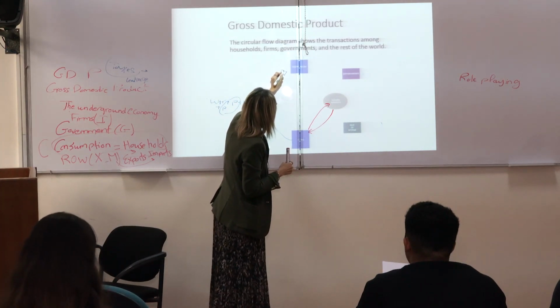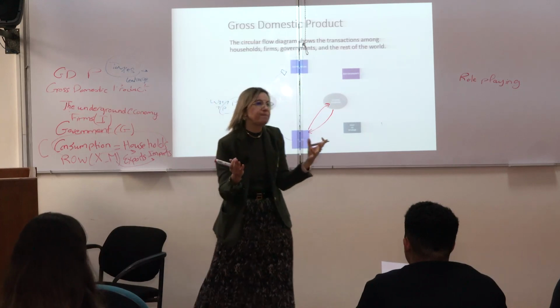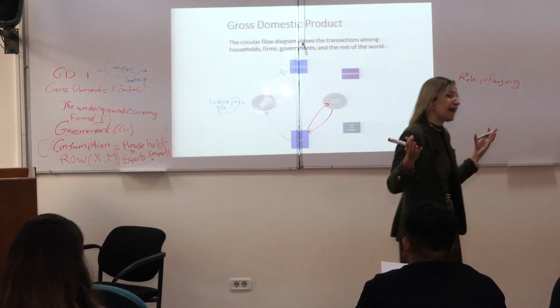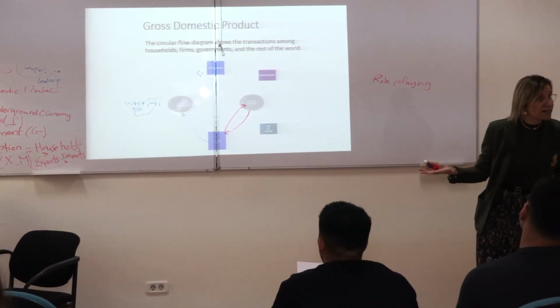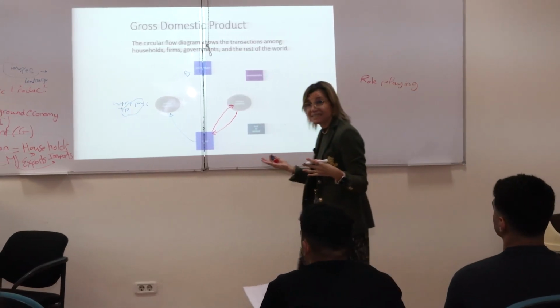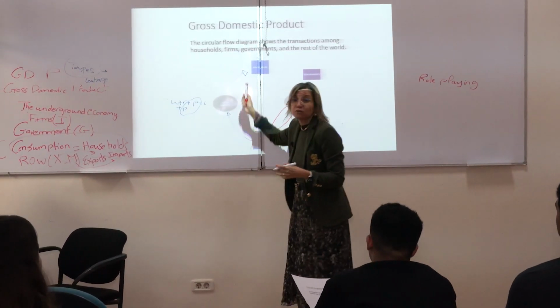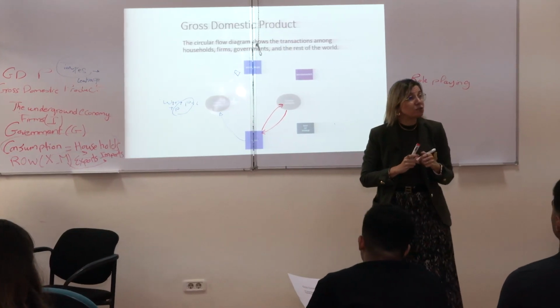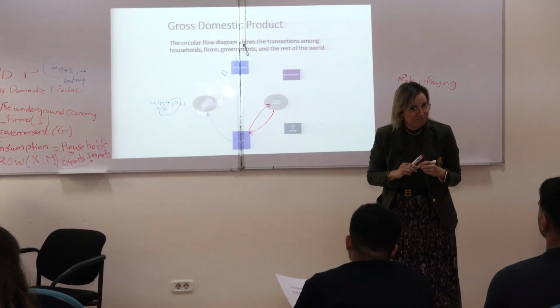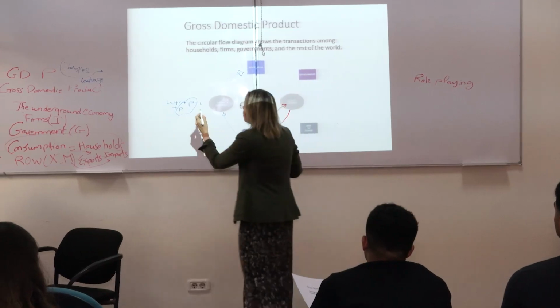Then those factors of production, which are supposed to be normal people, individuals that have families and go and spend their money, at the end of the day act as households, right? So they go and do what? Spend their money, okay? Take care here.